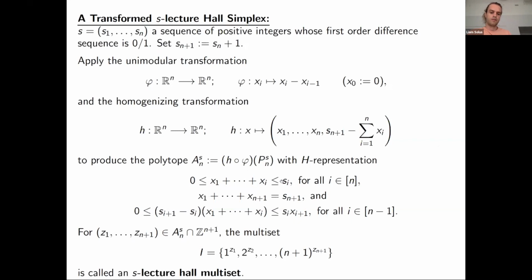So the first two lines of inequalities here show us that our polytope is a subpolytope of what we call an alcoved polytope, which is nice because alcoved polytopes are known to have nice regular unimodular triangulations. But then we also have these additional inequalities here. So here we see where this property of the 0, 1 first order difference sequence comes into play.